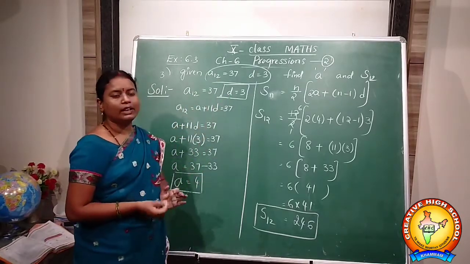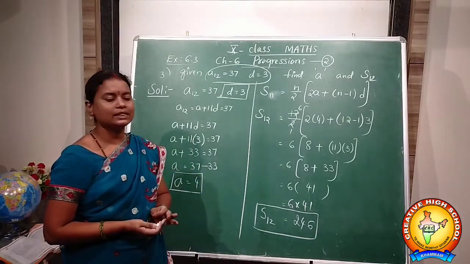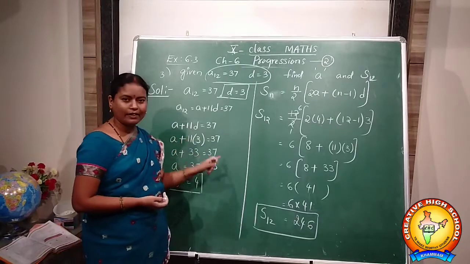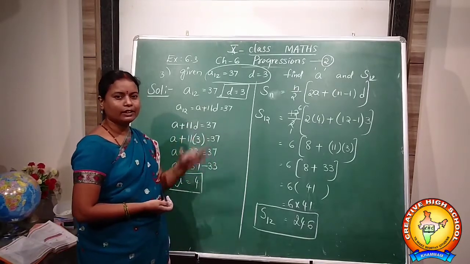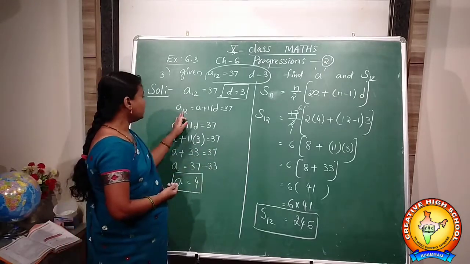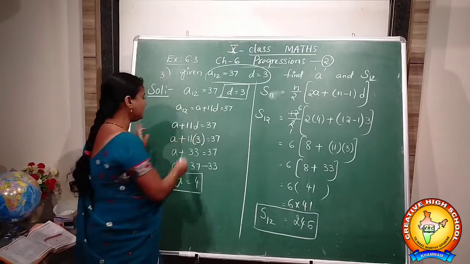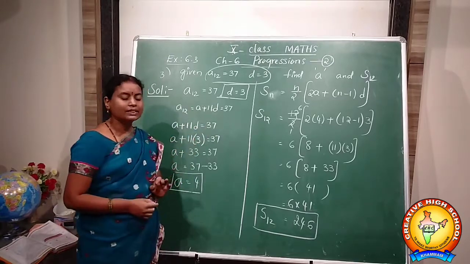See here, a12 is equal to 37, that is given, and the d value is 3. We know very well the 12th term in the AP series is equal to a plus 11d. Yes, we know the general form, we already learned it in our previous classes. So a plus 11d is equal to 37.